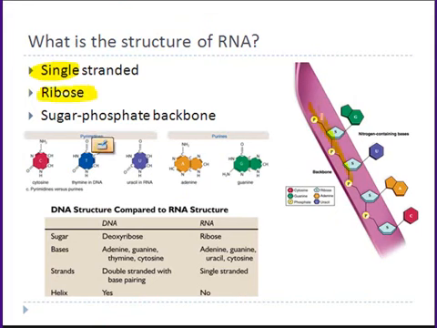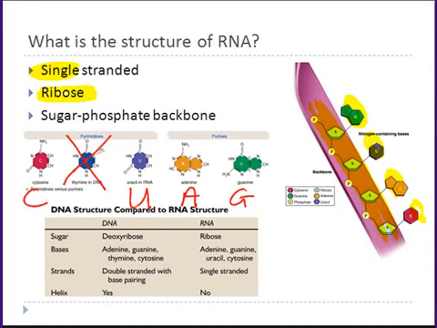We still have a sugar phosphate backbone, as you can see here, with the nitrogenous bases sticking out to one side. The one special thing to remember about RNA is we do not have thymine in RNA. Instead, we have uracil. So we still have adenine, guanine, and cytosine, but we have uracil instead of thymine.